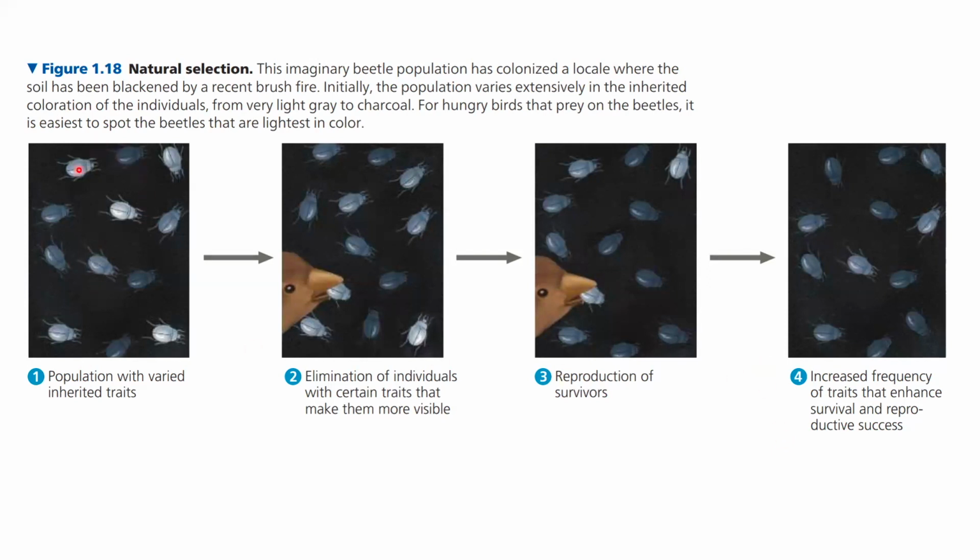And so this is the overall process, sped up, it doesn't occur as fast as this, of evolution or natural selection, where as a result of an environmental pressure, certain traits get selected for. And in this case, as a result of the selective pressure from the birds, the trait of a dark colored beetle gets selected for over time.